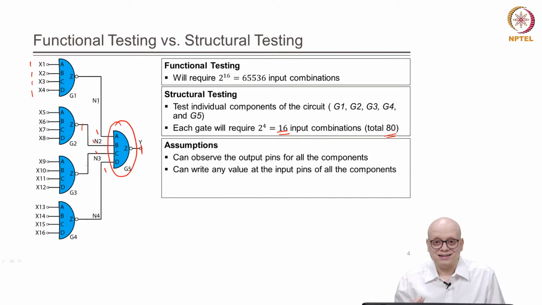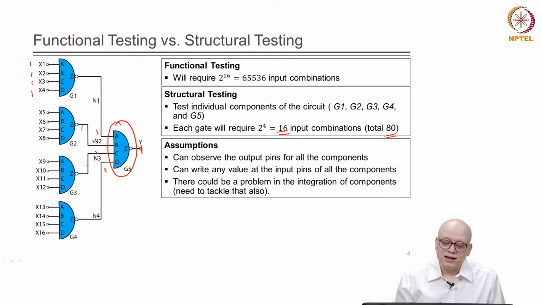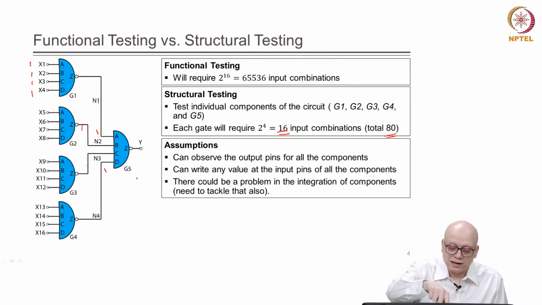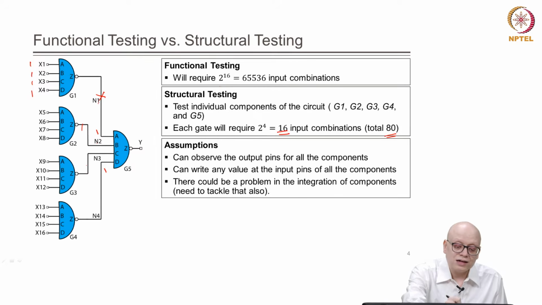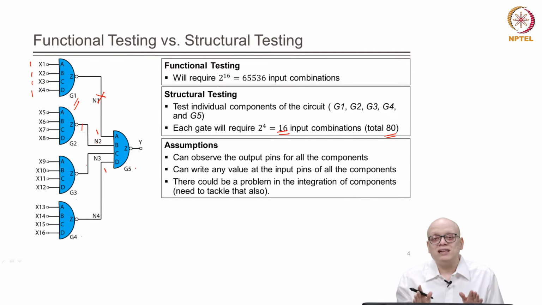And the third assumption that we have made in structural testing is that there can be problems in the integration of the components which we are not considering. For example, this net was broken, right. The individual G1 gate and G2, G3, G4, G5, all these components may be working perfectly fine, but the interconnection between them may not be working properly, and that also we need to test during manufacturing test.